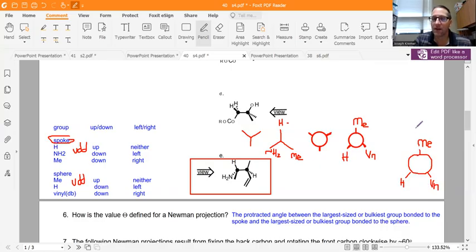So, in this case with eclipsed conformations, I'm going to make the spoke bonds markedly longer. It doesn't matter if the spoke bond is to the left or the right of the sphere. Ooh, I missed that one. I don't want to write over that.